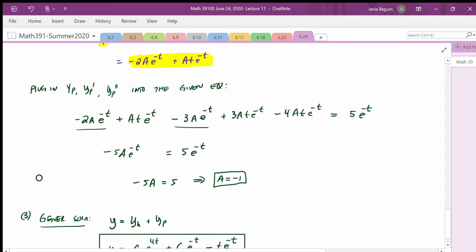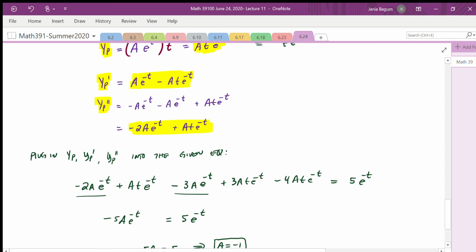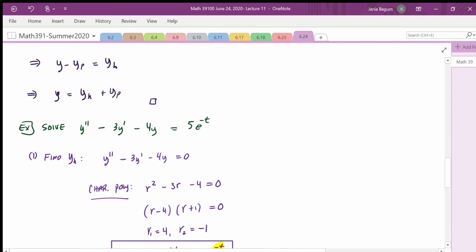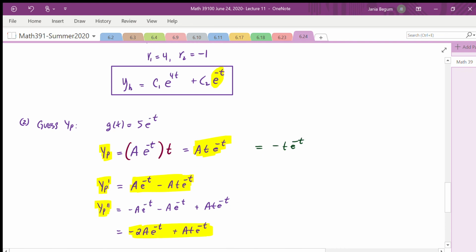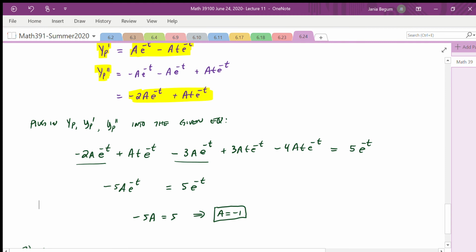Professor, can you explain again how you guessed yp? So here, to guess yp, we look at g of t. So in this case, g of t is exponential. That means yp also has to be exponential. So the reason they have to match up the same group of functions is because when you're differentiating, some of the terms will cancel.